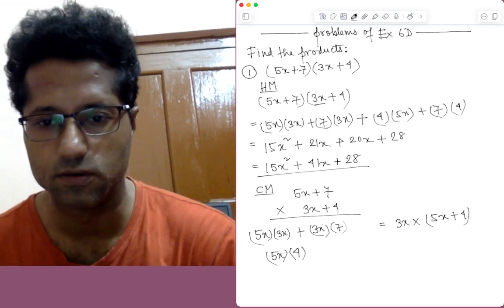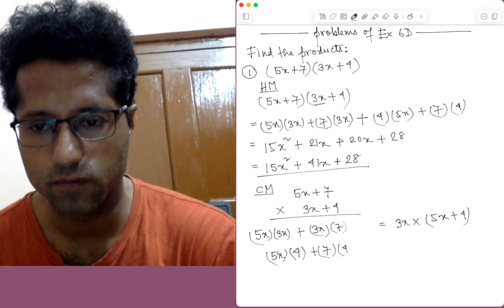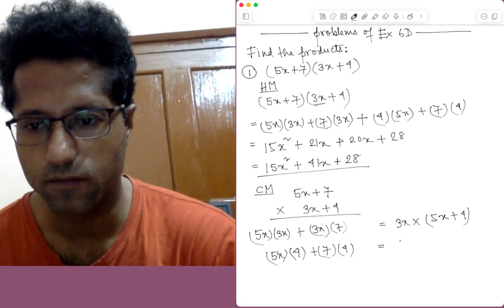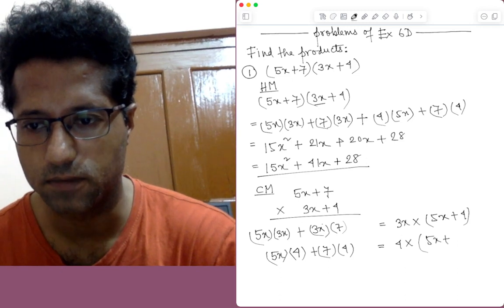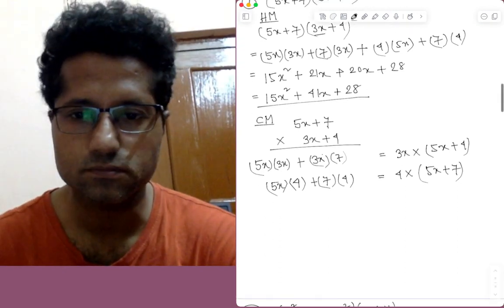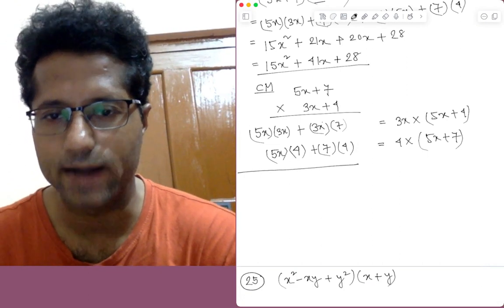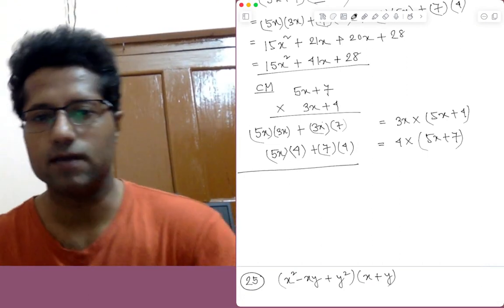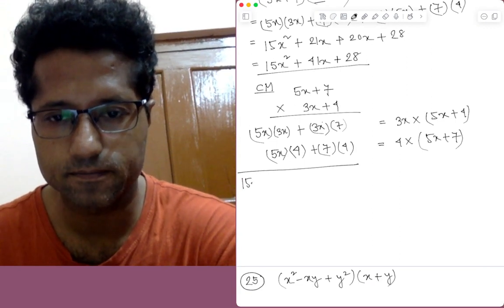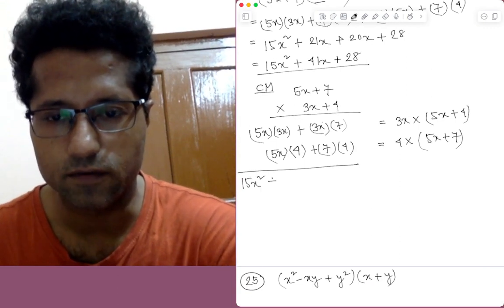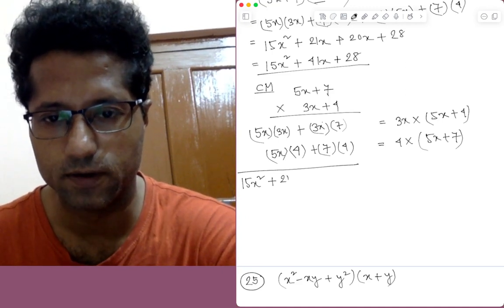Okay, so 5x into 4 plus 7 into 4. This is nothing but the product of 4 multiplied by 5x plus 7. Now we have to add all the terms and combine the like terms. From the first row, the first term is 15x square, the second term is 21x.